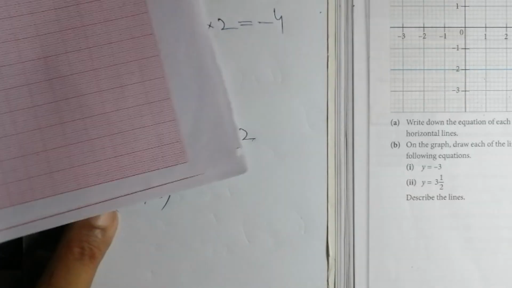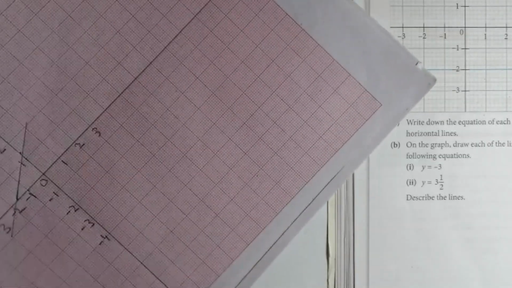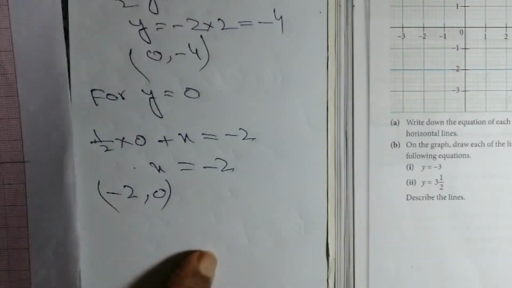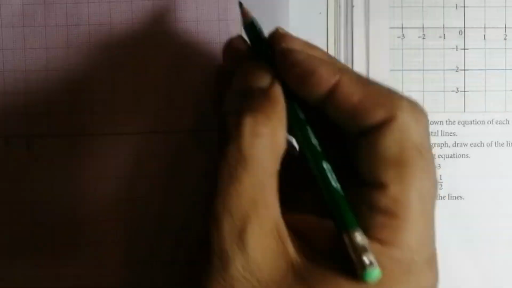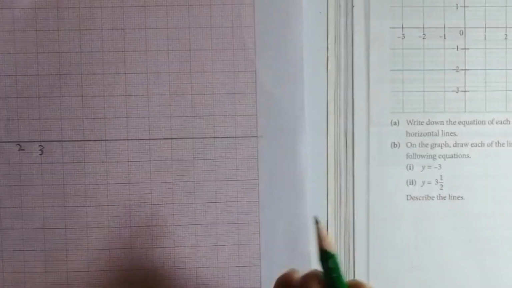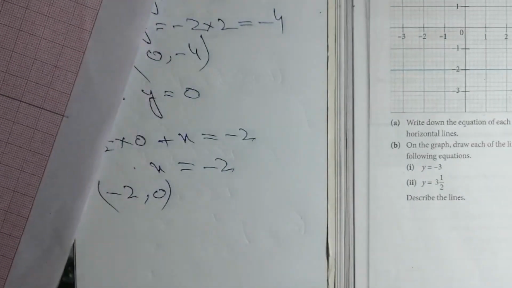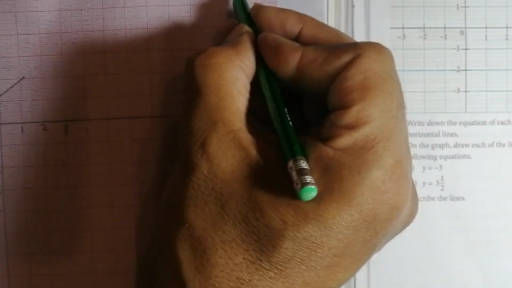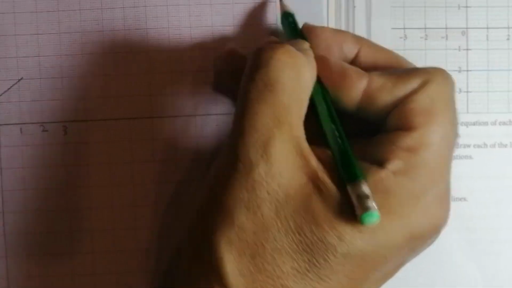The points are 0 minus 4, and the other point we calculated is minus 2 0.